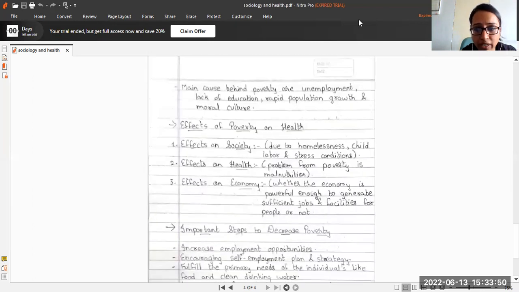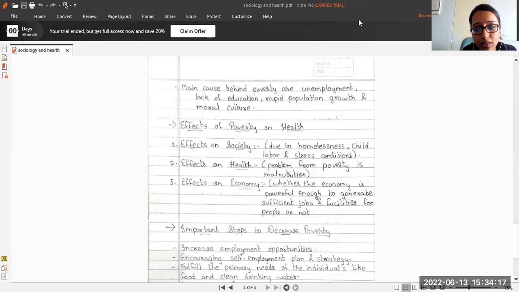The main causes that are considered for poverty are unemployment, lack of education, rapid population growth, and moral culture. Effects of poverty on health. What kind of effects can be seen on health or on society? Poverty effects will be seen on society due to homelessness, child labor, and stress conditions.